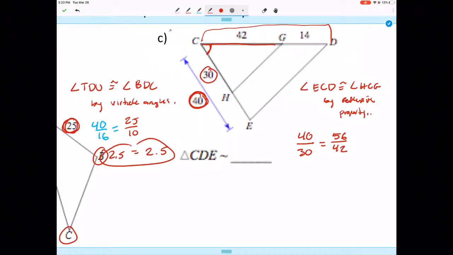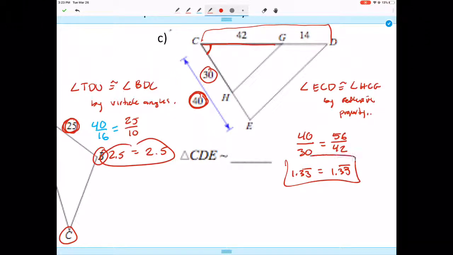So we plug that in your calculator. 40 divided by 30. Oops. That gives us 4/3, or in decimals it would be 1.33 forever. And then 56 divided by 42, that also gives us 4/3, or 1.33 forever.